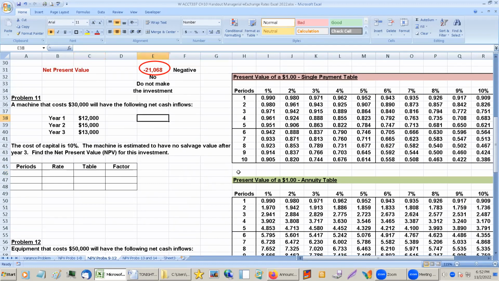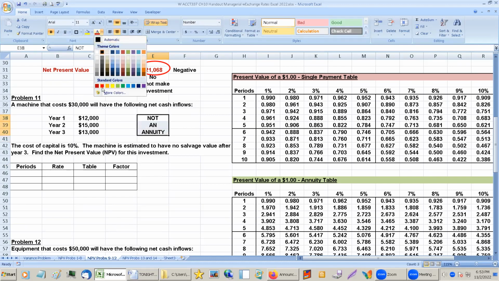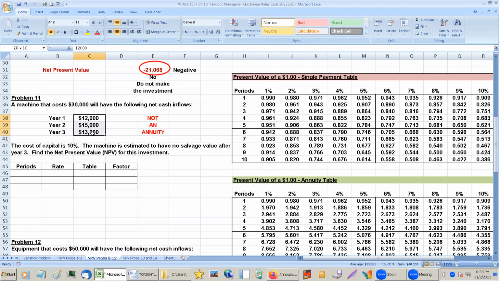This is not an annuity. They're not equal. Can't use the annuity table. So we have to use a single payment table.